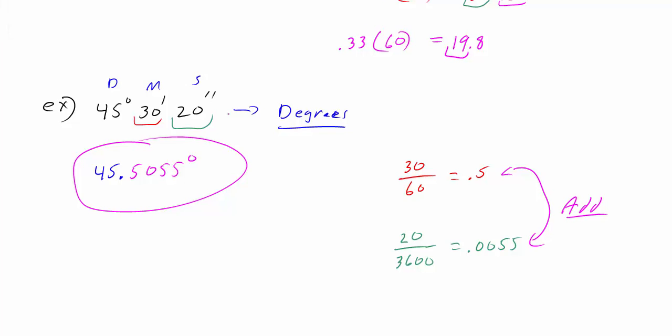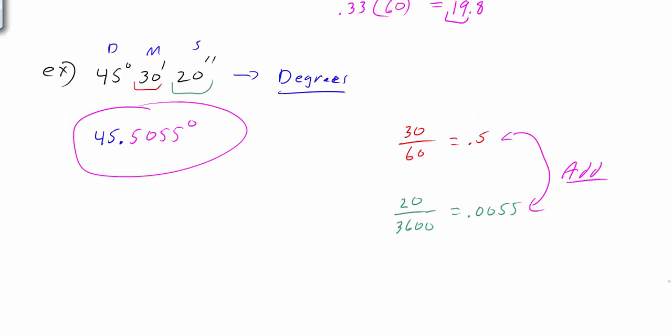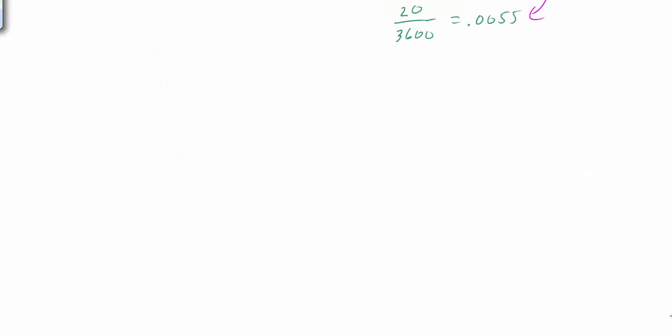All right, so let's go to the calculator once more, and let's look at how we can actually change, if we want to go from, let's say, our decimal to degrees minutes seconds, so that means we're going to start off with 45.5055 degrees.